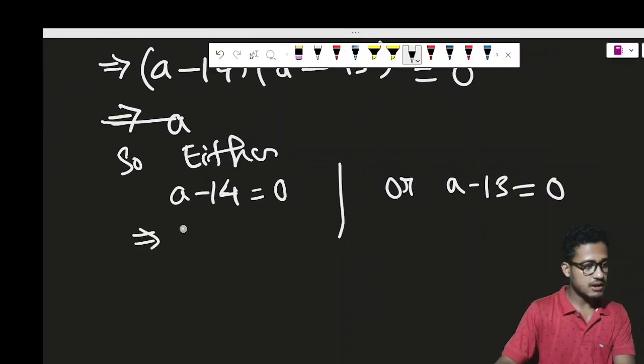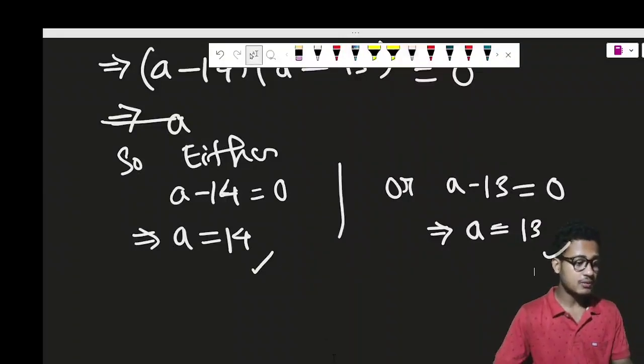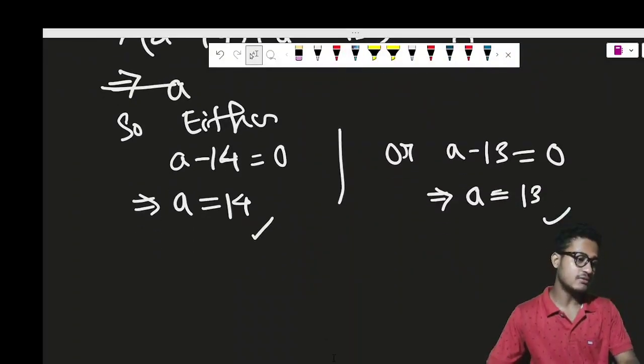This will imply a is equal to 14 and a is equal to 13. So we have obtained a is equal to 13 and a is equal to 14.